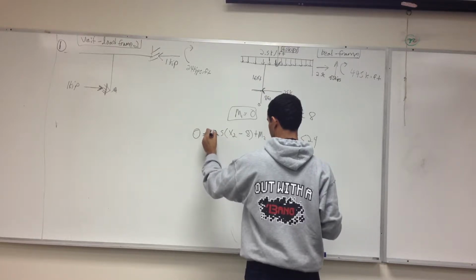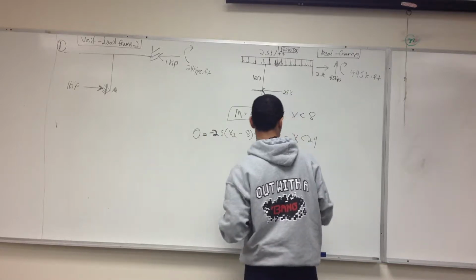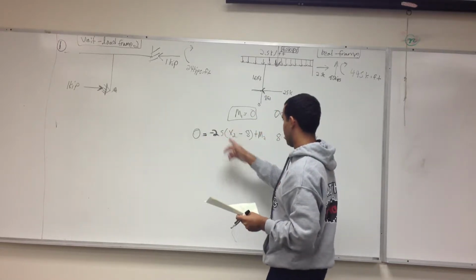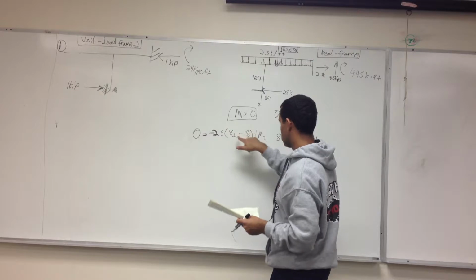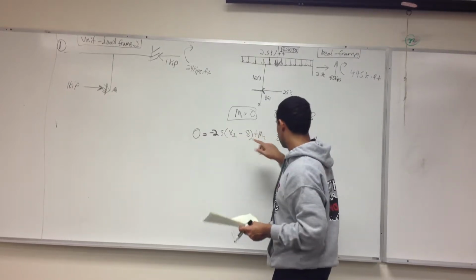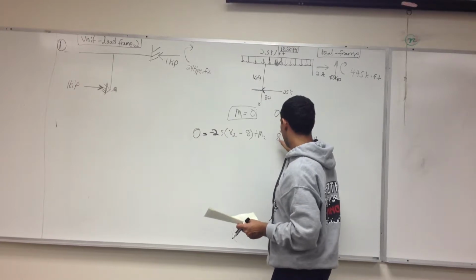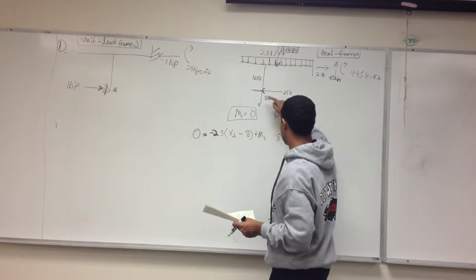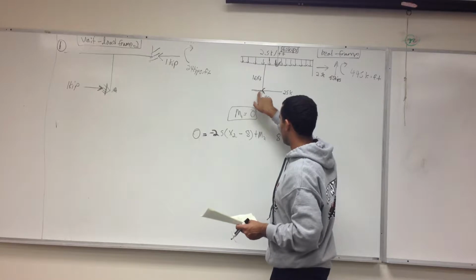So, to go more in depth into this, we have negative 25 times parentheses x2 minus 8, because when we plug in the 8 at x2, we're going to see that there's no moment over here yet.